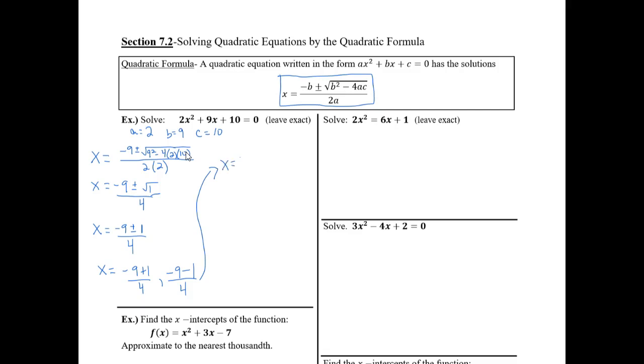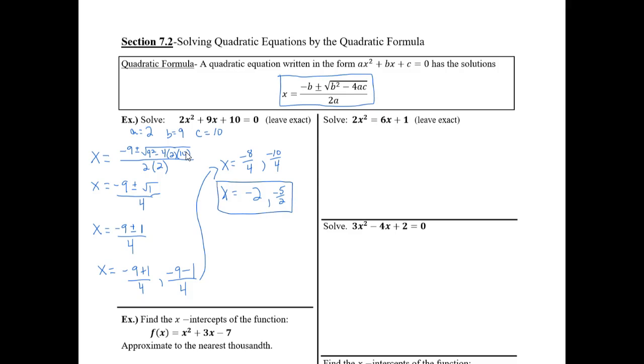Negative 9 plus 1 is negative 8, and negative 9 minus 1 is negative 10. And then we have to simplify these fractions. Negative 8 divided by 4 is a whole number, it's negative 2. And negative 10 divided by 4, we can divide out a common factor of 2 and get negative 5 halves.